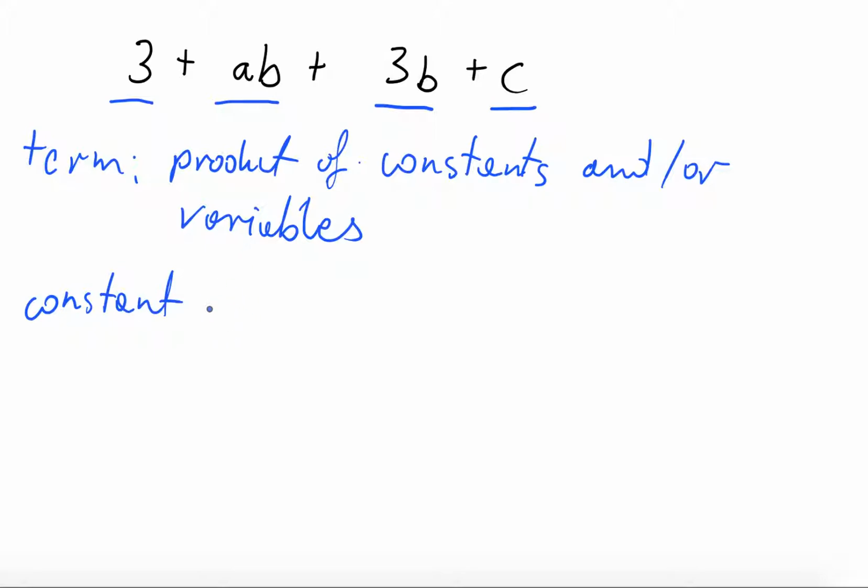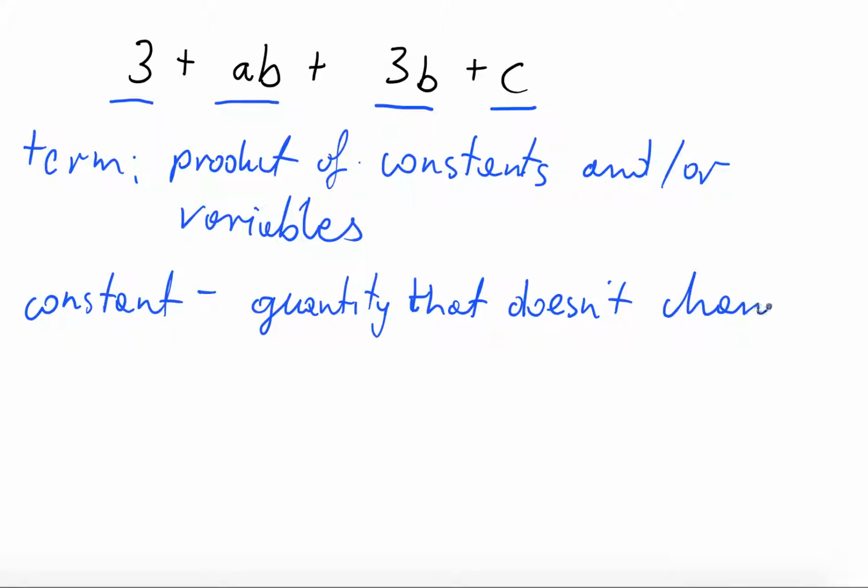There are other numbers like pi or the natural logarithm base, but a constant is a number that does not change in value. Constants are sort of set in stone.